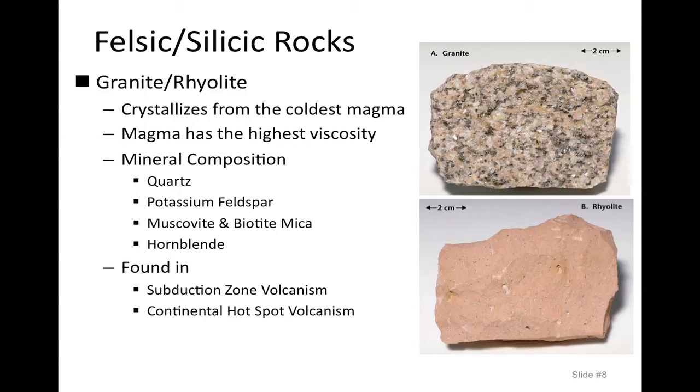So the chemical composition and nature of this kind of rock is strong and allows for these subduction zone volcanoes to be as explosive as they are, as well as the continental hotspot volcanism. Again, in a future segment for this module, we'll talk about that in a bit more detail.